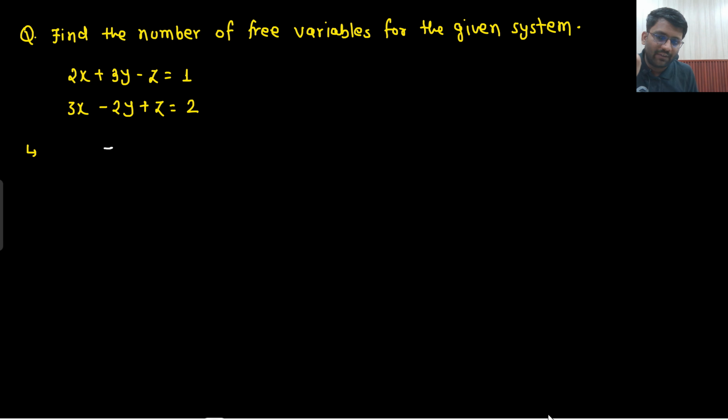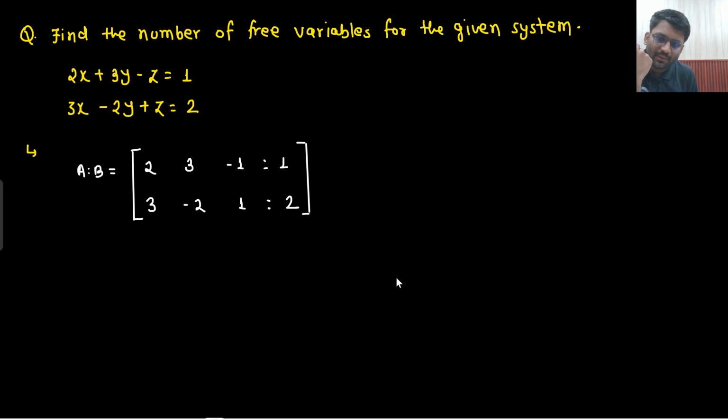So, sir, what I will do is make the A augmented B matrix: 2, 3, minus 1, 1, 3, minus 2, 1, and 2. What do I need to do? I need to make the row echelon form.